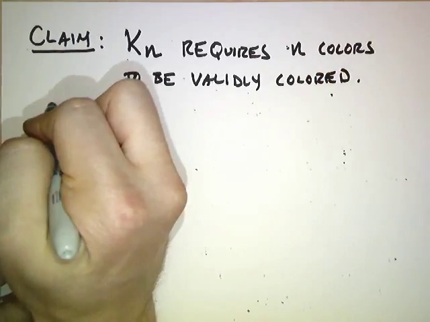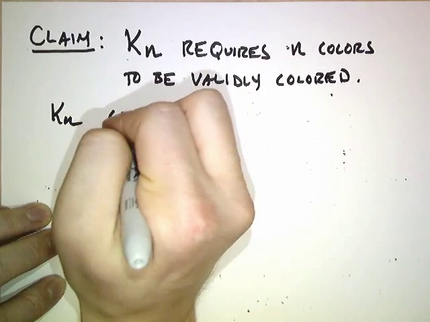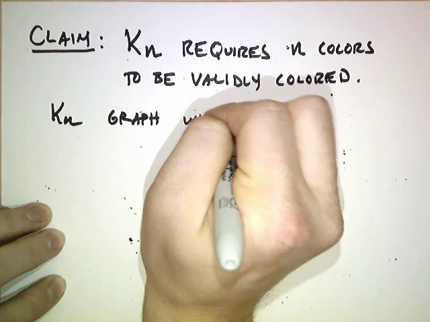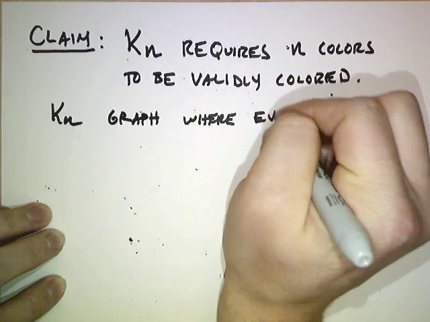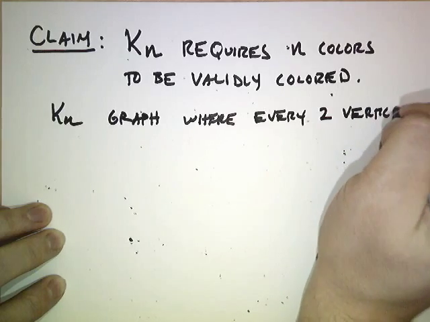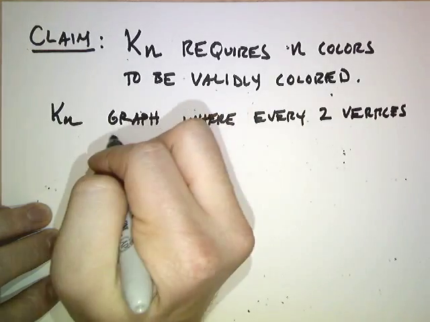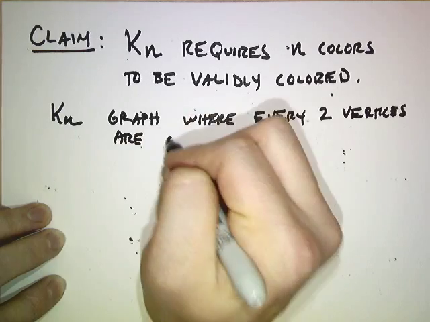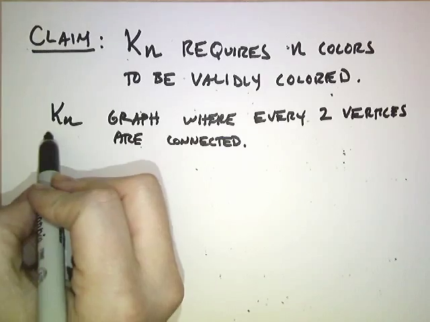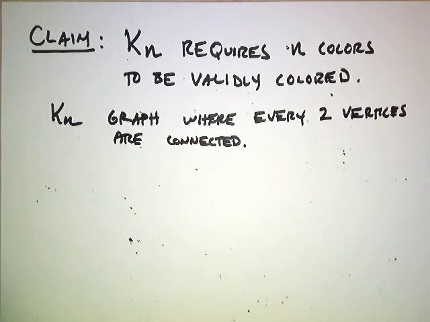Remember that Kn is the graph where every two vertices are connected, and Kn has n vertices.